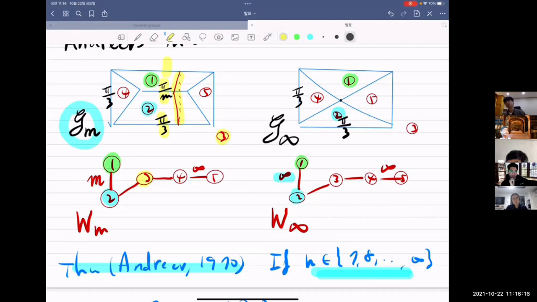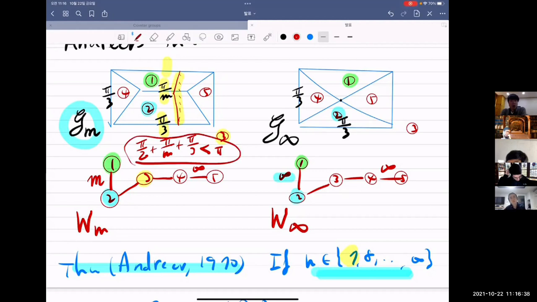So for a hyperbolic triangle, the angle sum should be less than pi. So pi over 2 plus pi over m plus pi over 3 is less than pi.